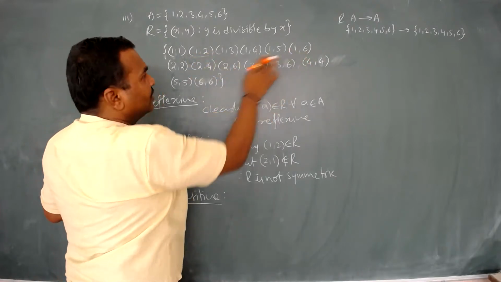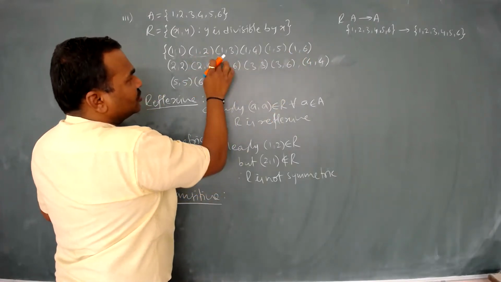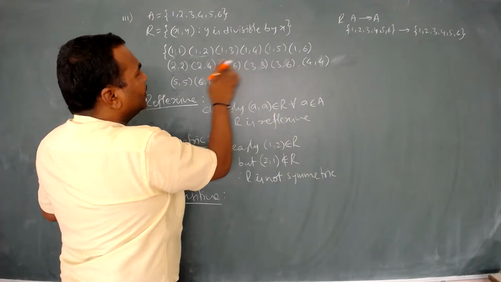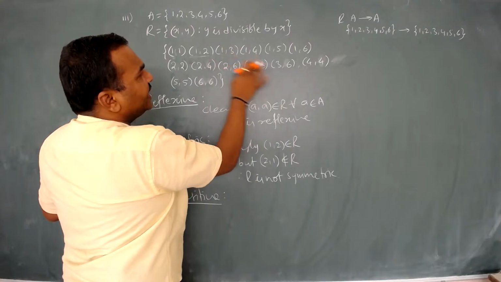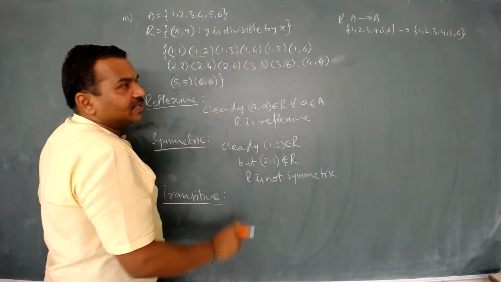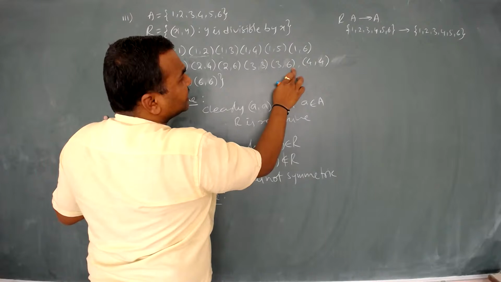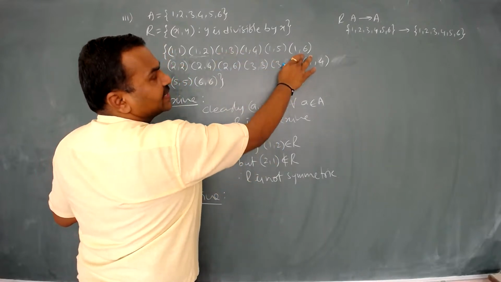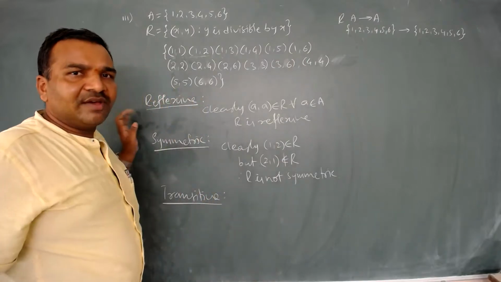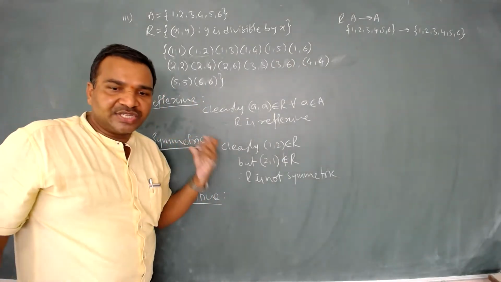Yes, it is there. Next, 1,3 with 3,3: (a, c) is 1,3. Next, 1,3 and 3,6: (a, c) is 1,6. Yes, it is there. So check all the elements satisfy the condition.